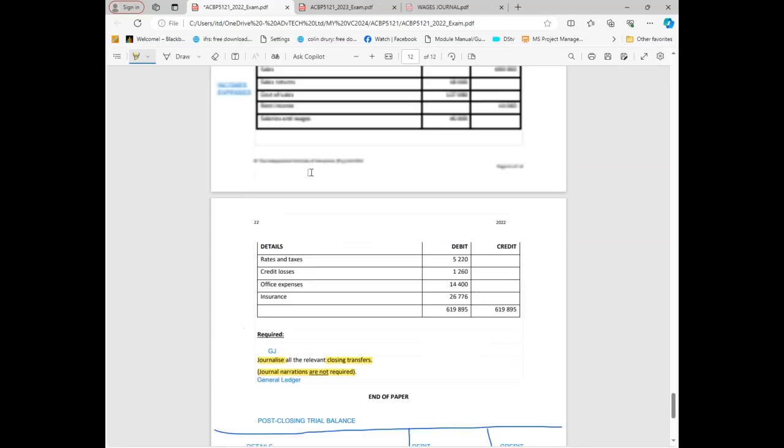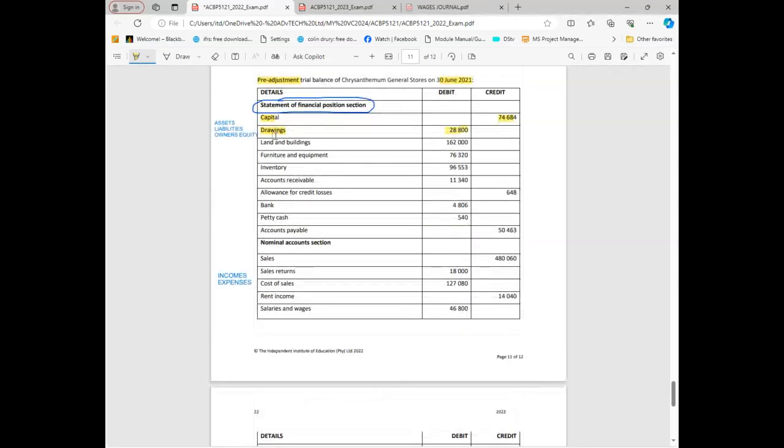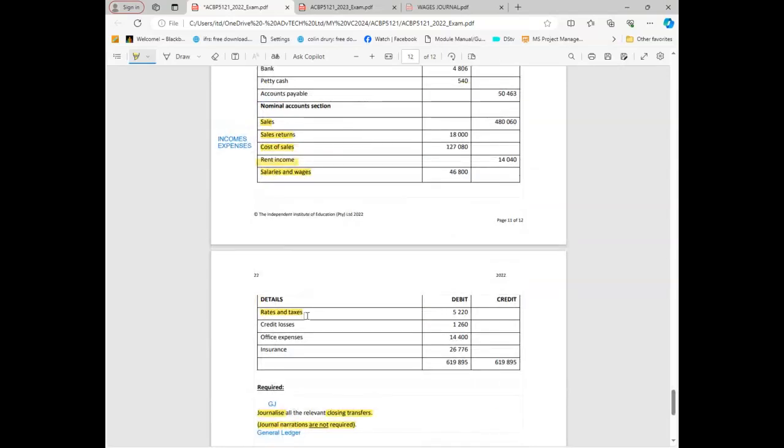Remember I said whatever you have used, you must always highlight. So far, you will agree with me if I say I used this capital, I used drawings, and I used this one, and this one.